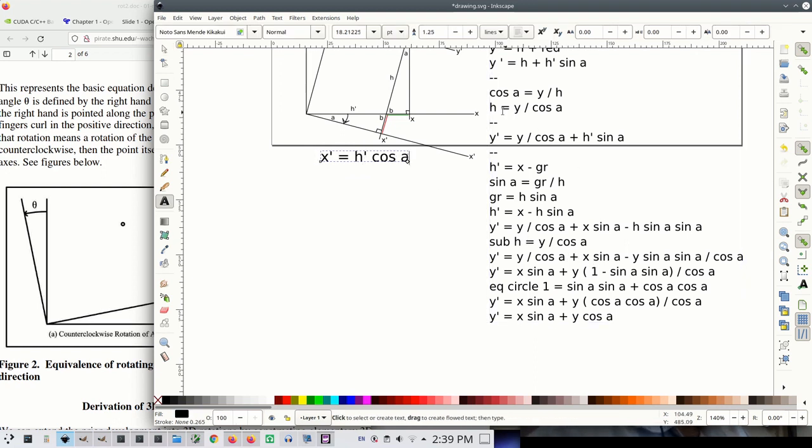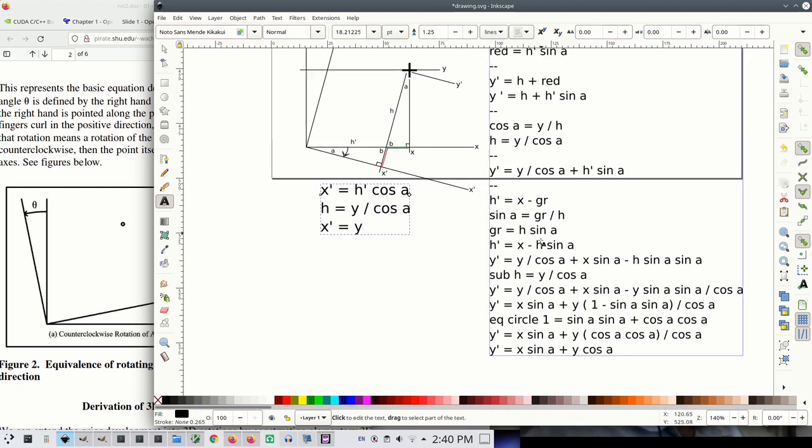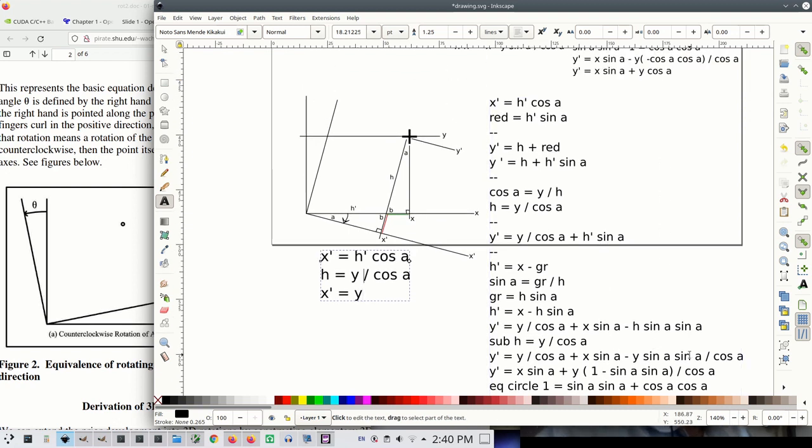Sub h prime, this equation here, h equals y over cos a. Oh no, we have to sub in h prime, sorry.